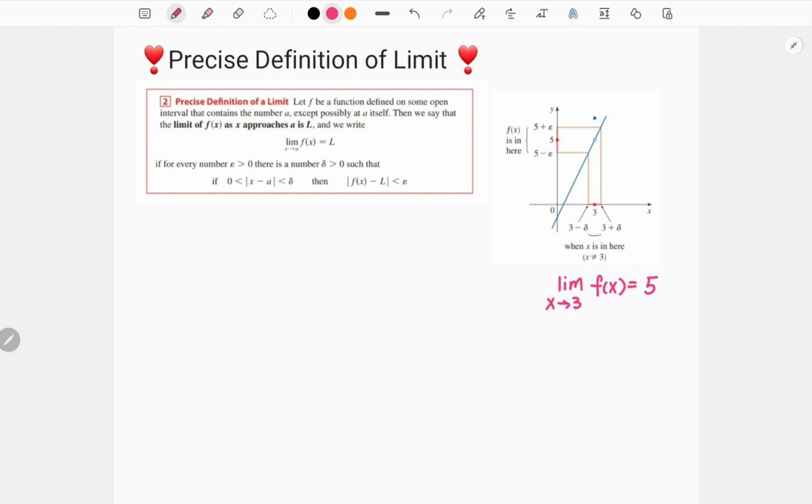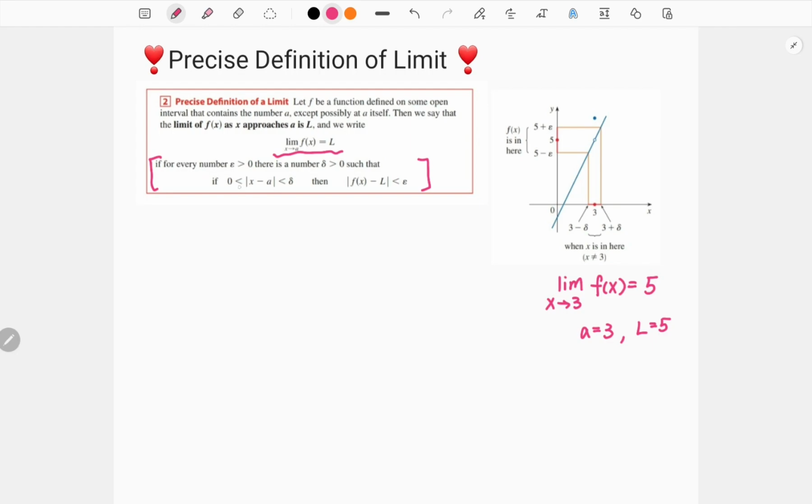Okay, so by definition, if you look at this equation here, we already know your a is equal to 3, which is the number x is approaching, and your L is going to be equal to 5, which is our limit. So what does this part mean?